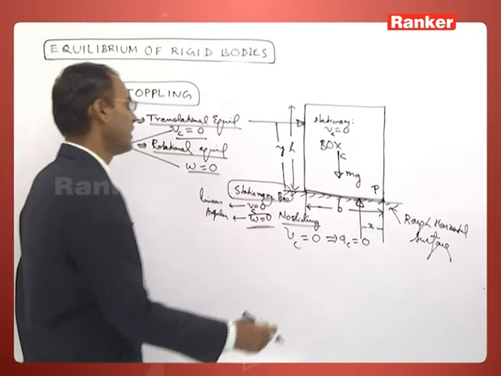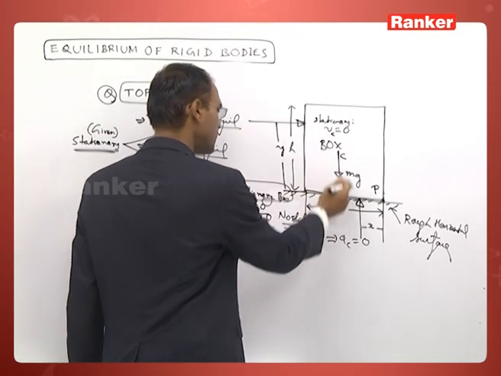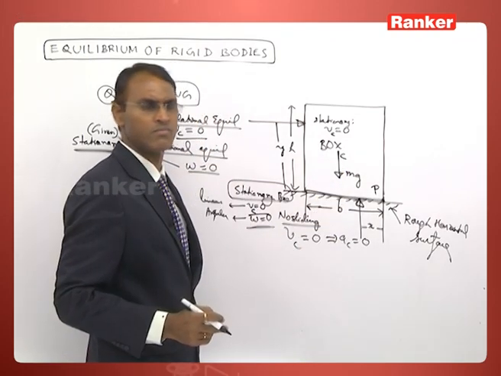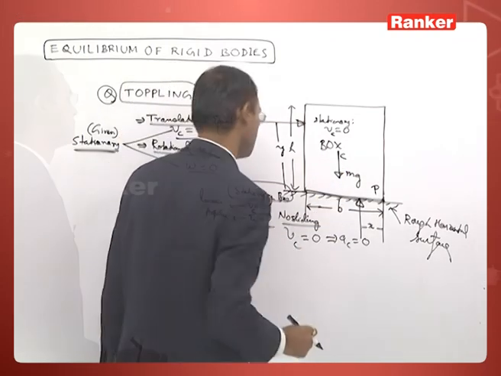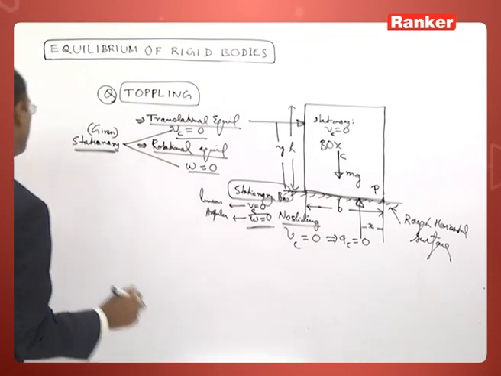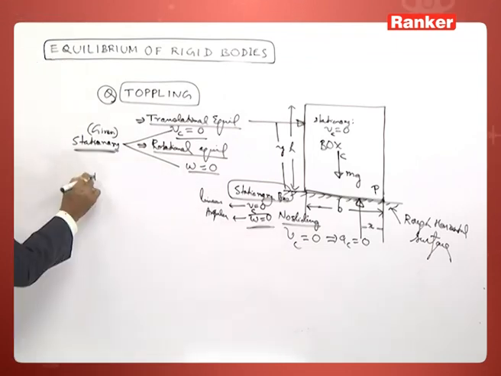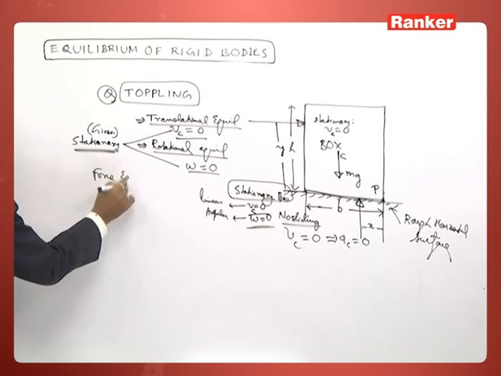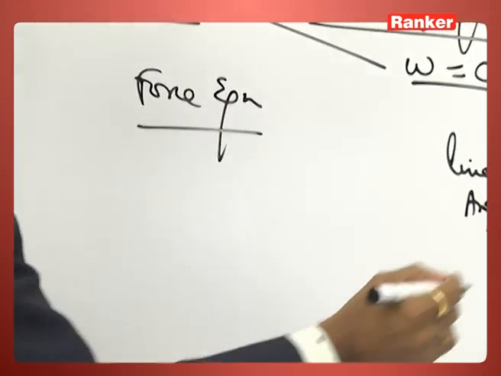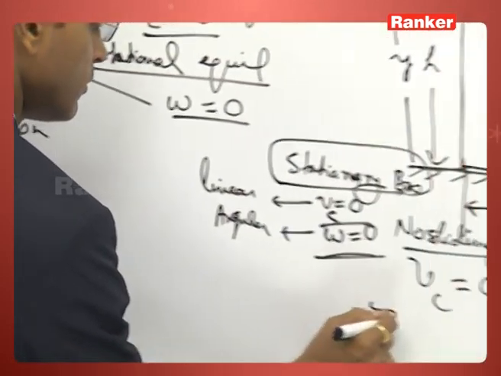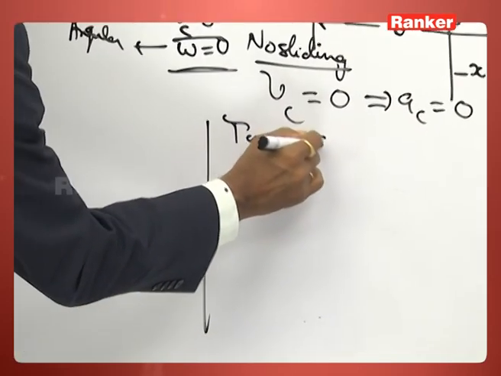You may be thinking normal reaction will pass through the center of mass, but it is not. I will show you why. Now we have two equations, force equation and torque equation.